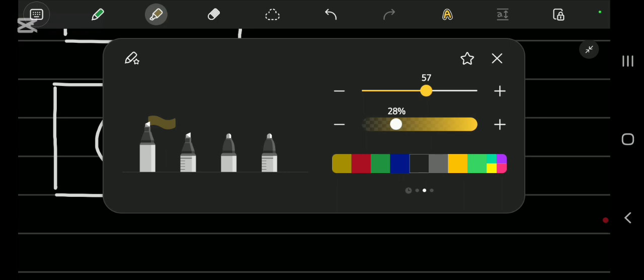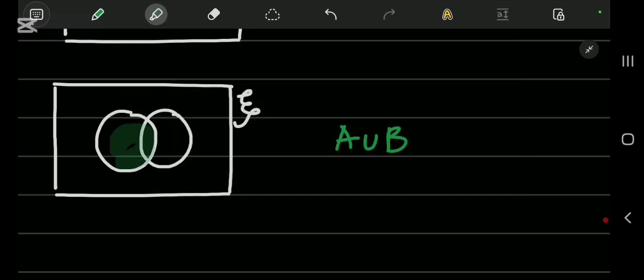A union B will be this part and also this part, both A and B. This represents set A, this represents set B. A union B is all the elements in set A and in set B, so we shade the whole part.